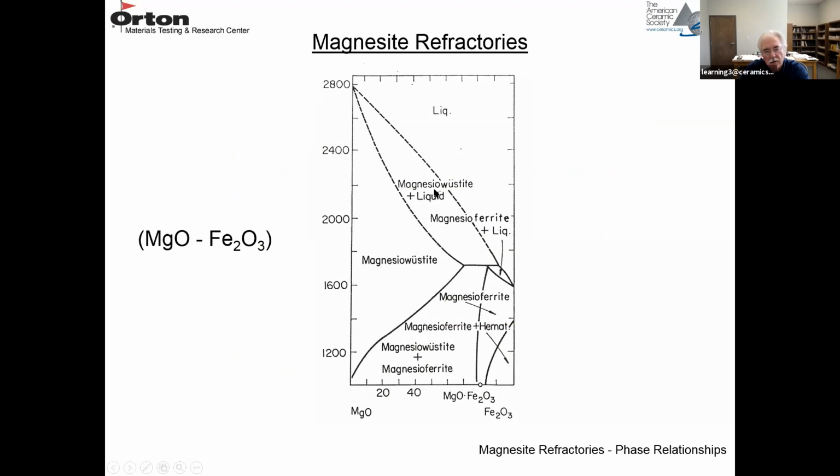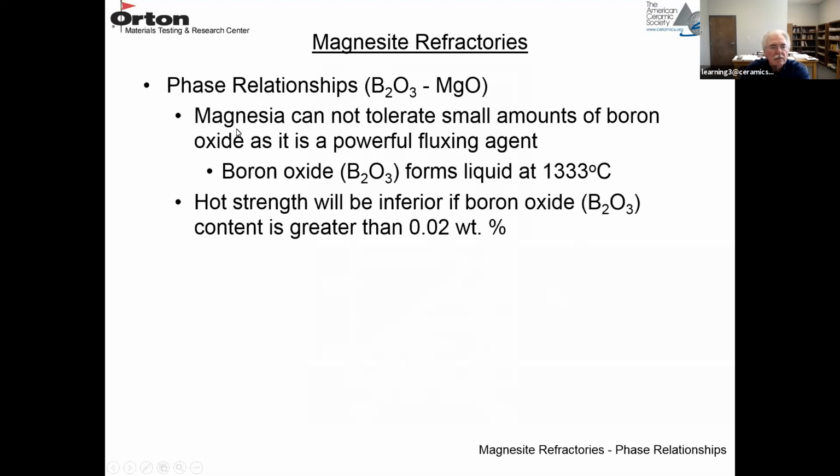And then over here, we have magnesiowüstite and liquid, and then all liquid. So you can tolerate quite a bit of addition of Fe2O3 and still have a high temperature material. At 20% Fe2O3, you're still at 2400 degrees C. So MgO can tolerate iron oxide in its different oxidation states. And that's desirable in steelmaking applications because obviously steel is Fe.